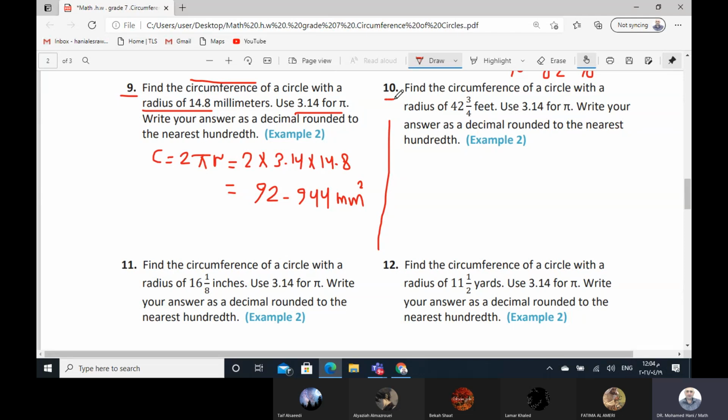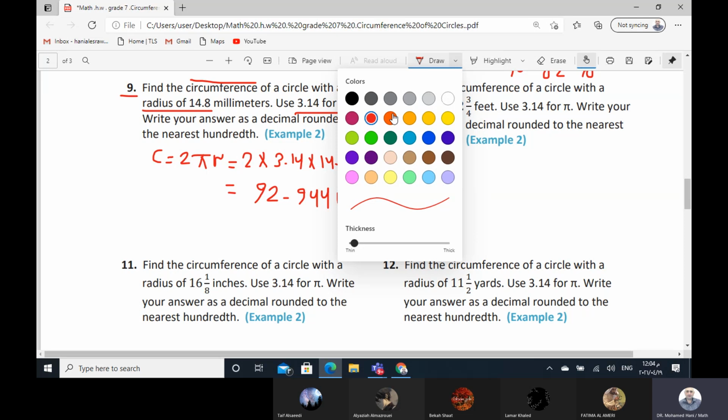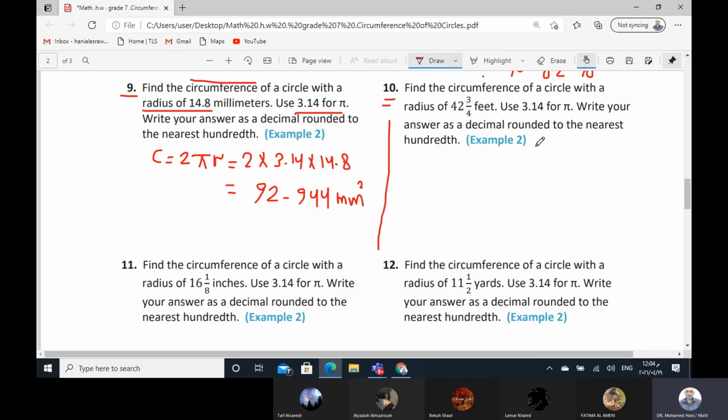Who can read exercise number 10, please? Aliasia, can you read it, please? Number 10.